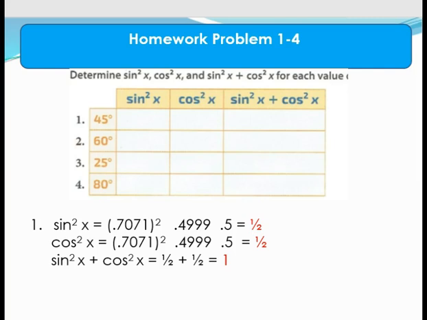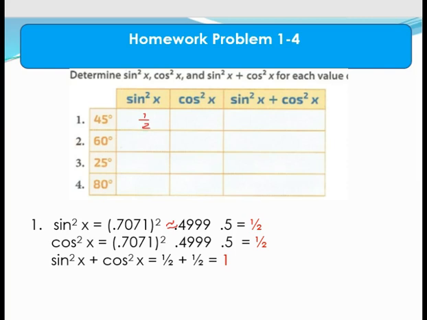So this should sound familiar. We actually already did these problems. So sine squared x was 0.7071 squared, which is approximately 0.499, or I'm going to say 0.5, so it's 1/2.